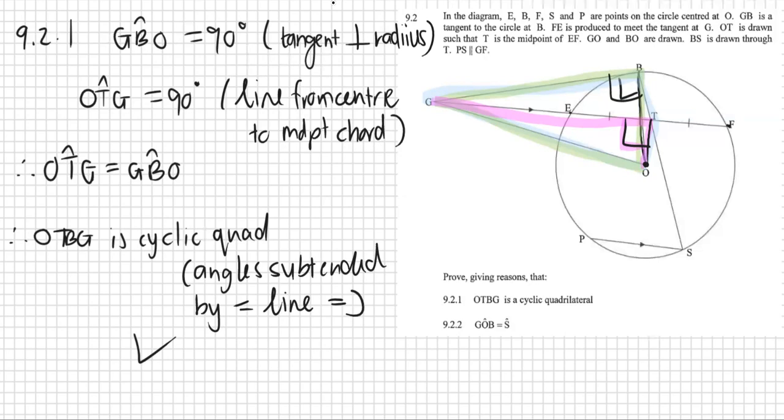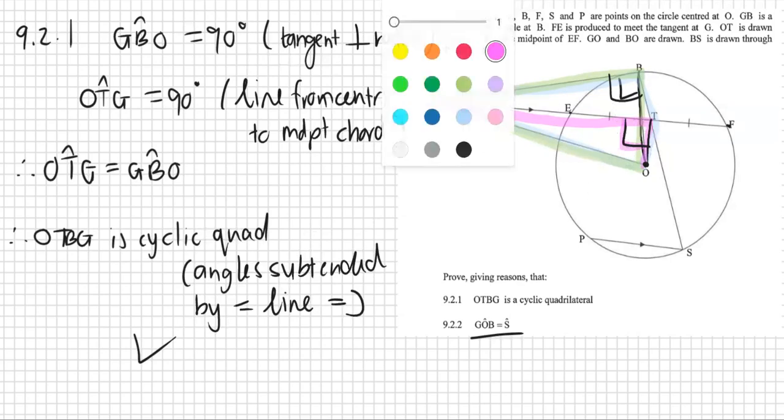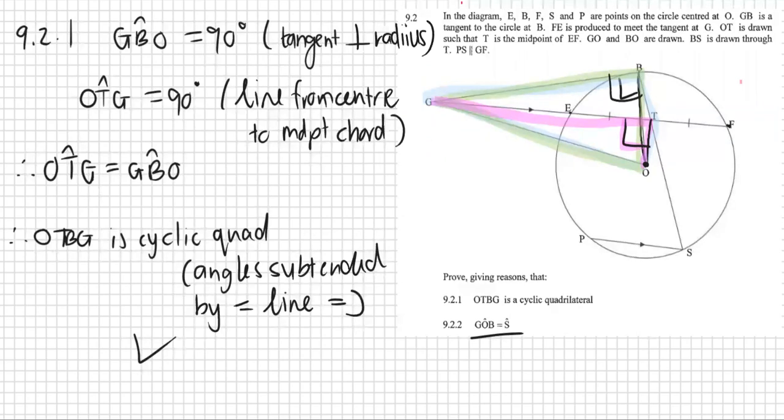9.2.2. Prove that GOB is equal to S. So we have GOB here is equal to angle S. Okay.